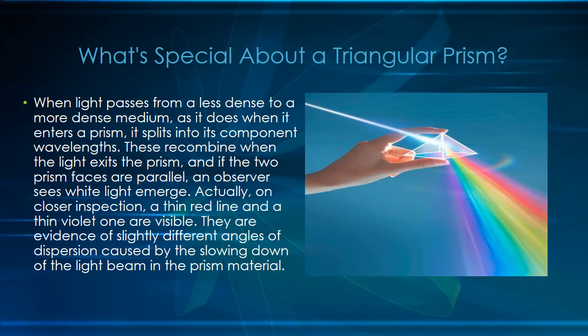Actually, on closer inspection, a thin red line and a thin violet one are visible. They are evidence of slightly different angles of dispersion caused by the slowing down of the light beam in the prism material.